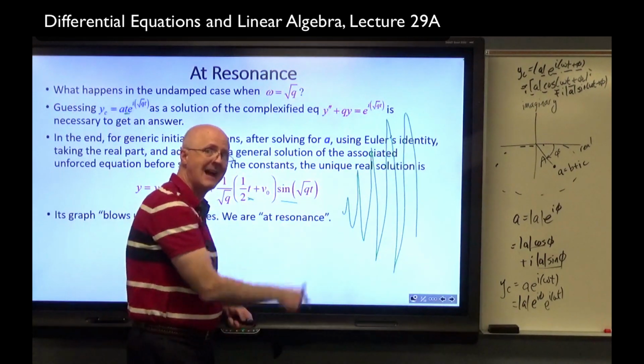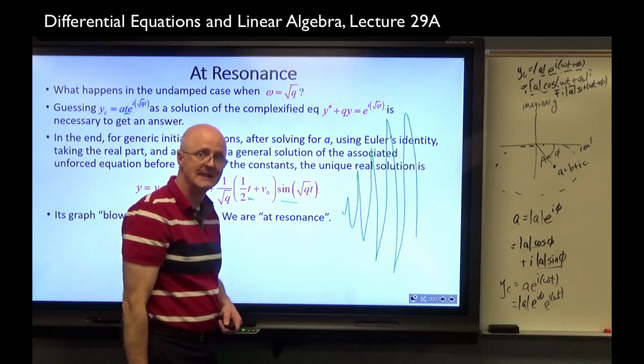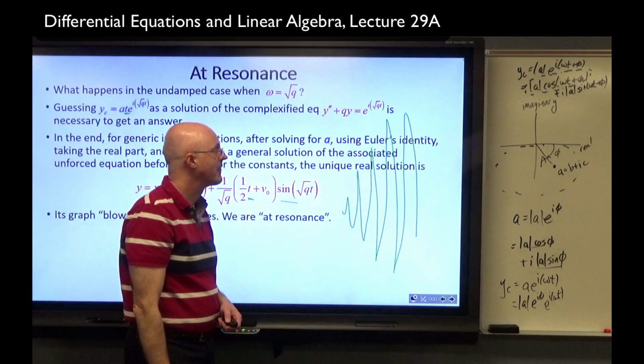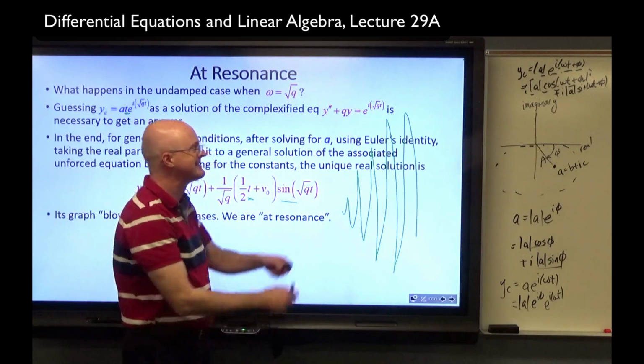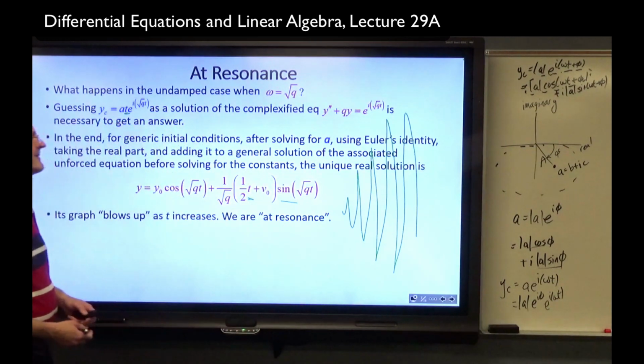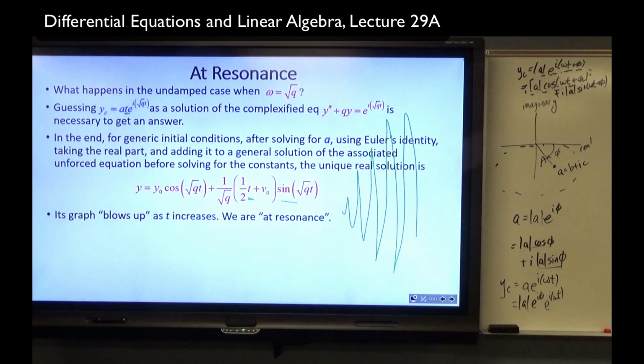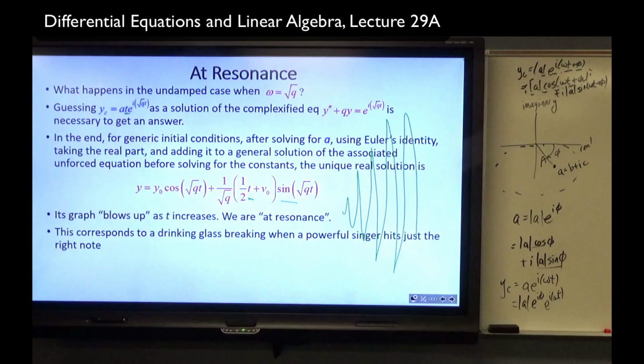They're still fast oscillations with a large frequency and a small period, say, but the slow oscillation has infinite period. So you go off to infinity. Slow oscillation has infinite period and essentially zero frequency because it doesn't come back down again. This corresponds to at least approximately a drinking glass breaking when a powerful singer hits just the right note.